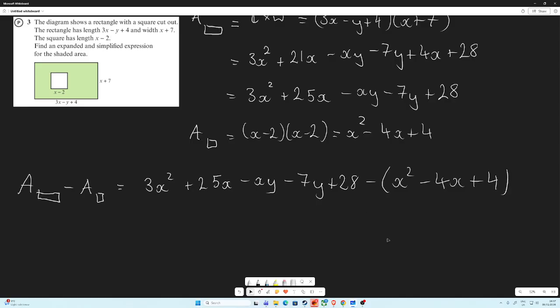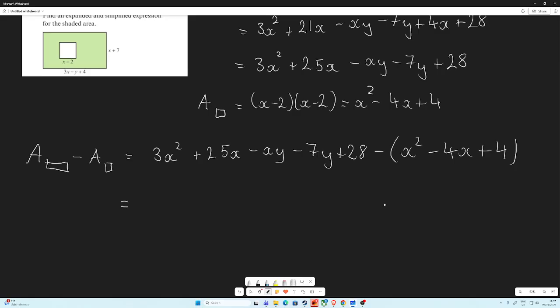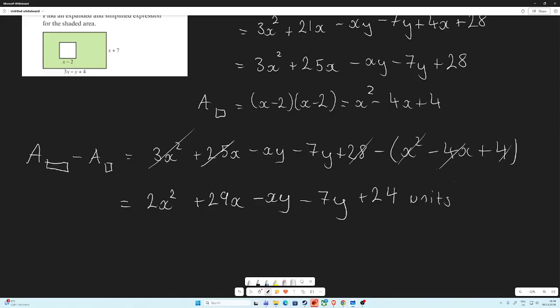Now 3x squared minus x squared is just 2x squared. Now we have plus 25 minus minus, that's plus 29x. Minus xy, as there is nothing common in the bracket, minus 7y plus 24, because it's 28 minus 4. We have no units, so it's going to be units squared.